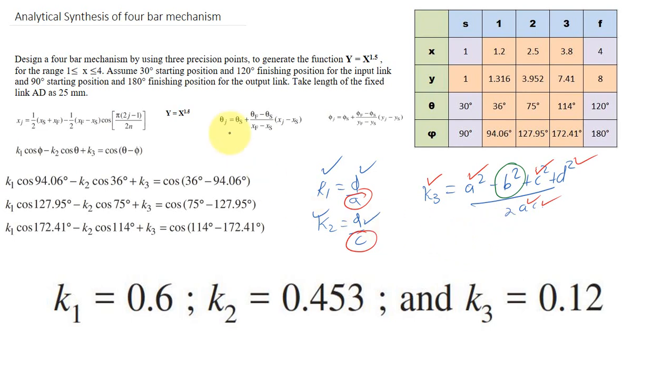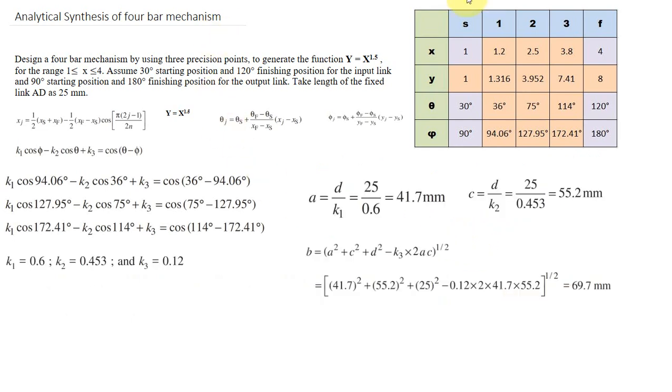Upon solving, a is equal to 41.7 mm, c is equal to 55.2 mm, and b is equal to 69.7 mm. These are the required dimensions of the 4-bar mechanism, synthesized with the help of the 3 precision points.